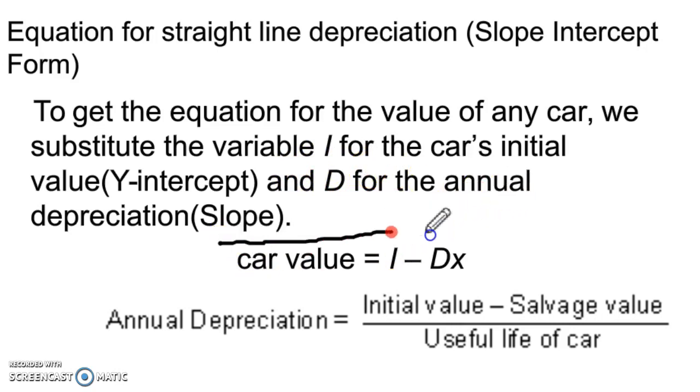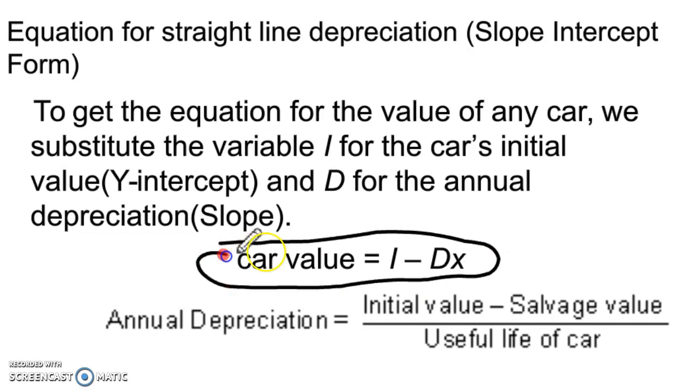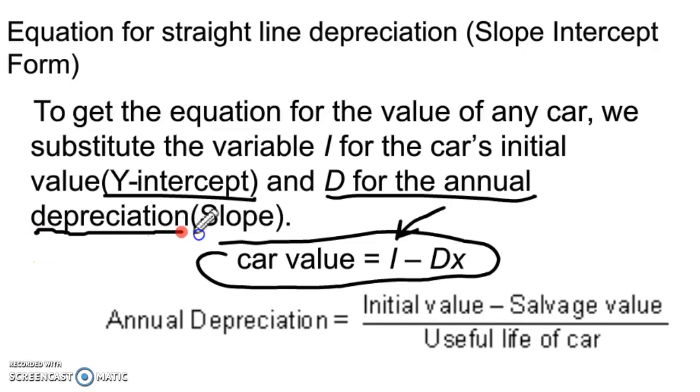So here's our equation. That I represents the initial value. And notice that's also going to be our y-intercept, where the D is the annual depreciation, the amount the value declines each year, and that's going to be our slope.